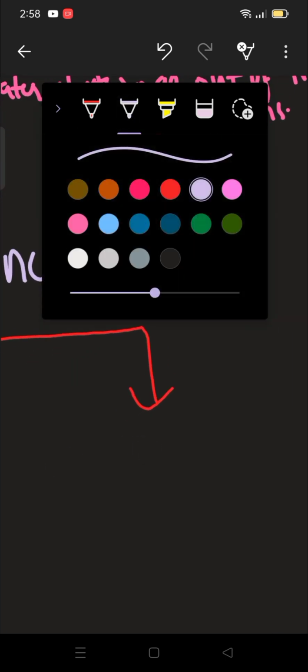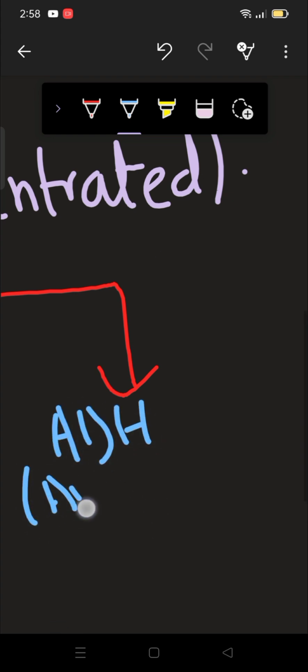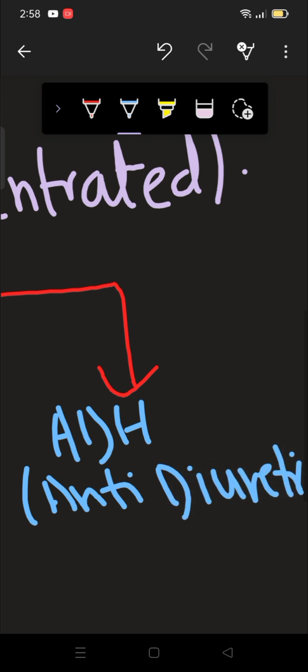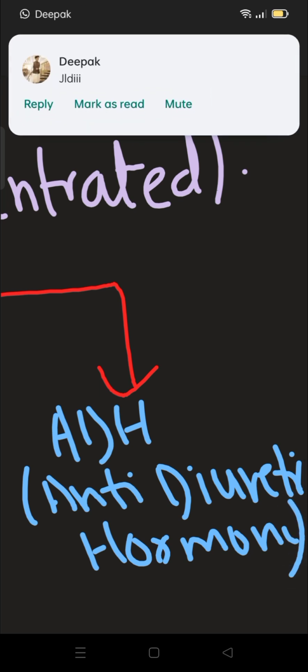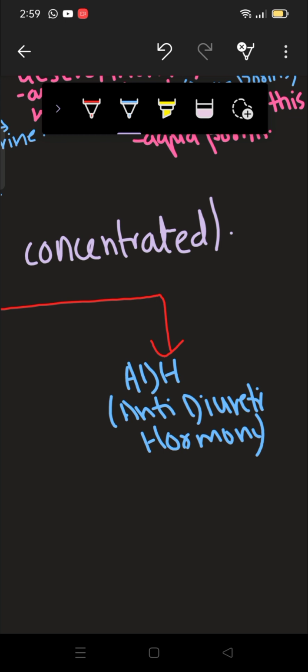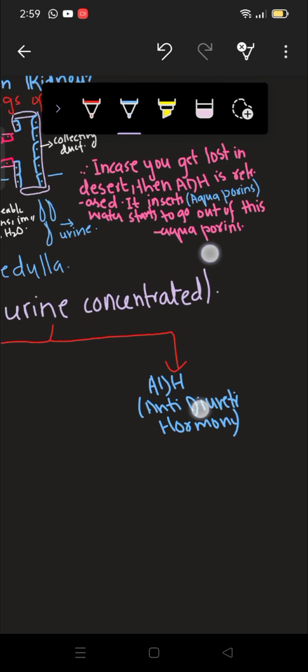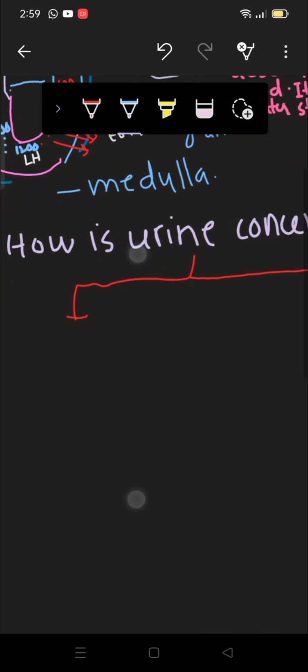Initially I am going to tell you the second one, by the ADH, which is antidiuretic hormone. When antidiuretic hormone is released, it is working on the cells of, not PCT, but on the collecting duct cells and distal convoluted tubule, so that more and more water can be reabsorbed. And if water is reabsorbing, then the ions concentration is getting higher in the urine. Alright, so it is getting higher in the urine, so urine would be concentrated that time.